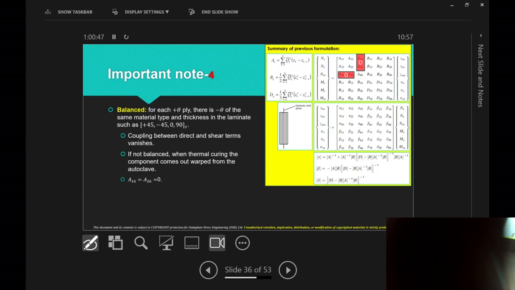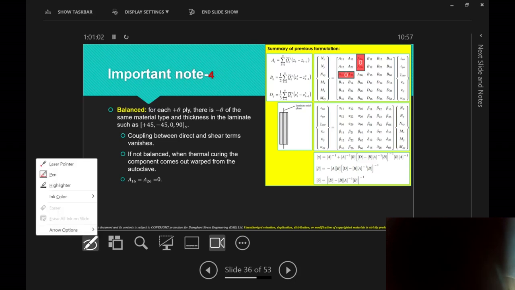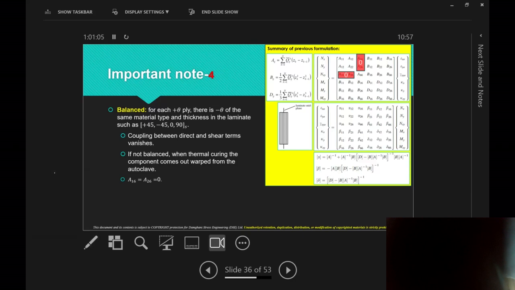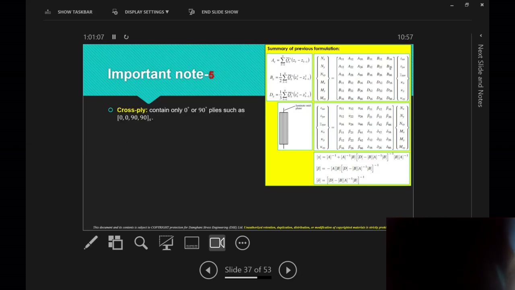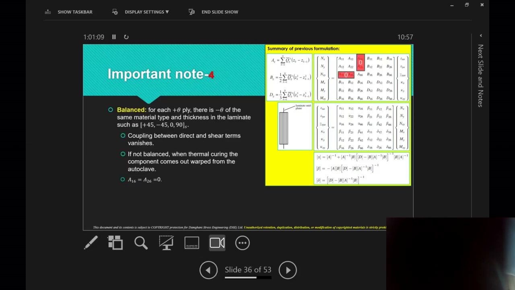As a result of being balanced, those components, A16 and A26, become 0. And because it's symmetric, the other coupling terms become 0 as well. Most of the composites you deal with in practice are this. This is 0 as well.